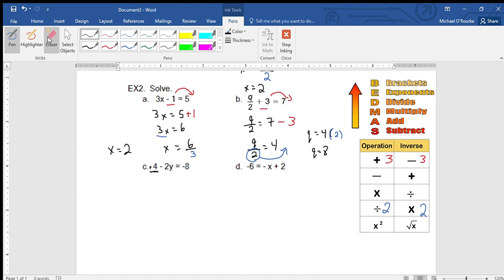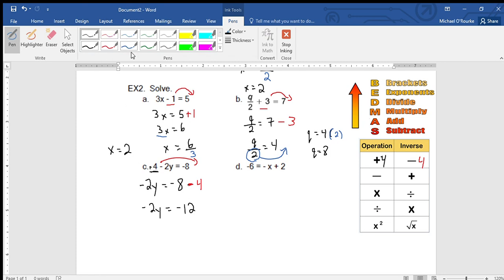So realistically, we're going to move this over to the other side. It's a plus 4, so when it goes over, it's going to become a minus 4. So let's rewrite our equation. We still have the negative 2y over here equals negative 8 minus 4. So that will give us negative 2y equals negative 12.